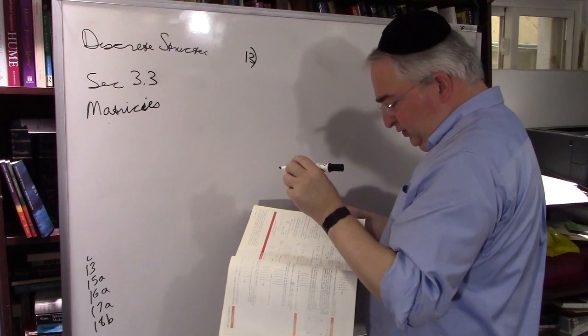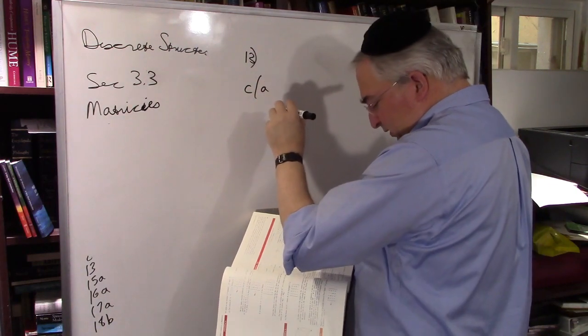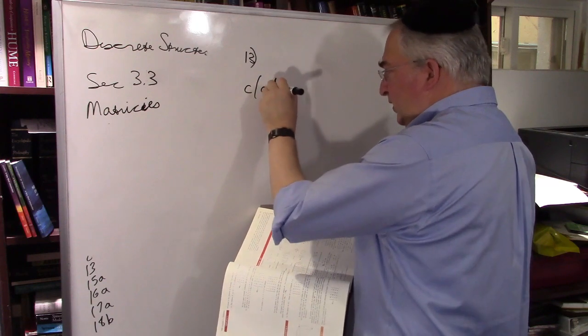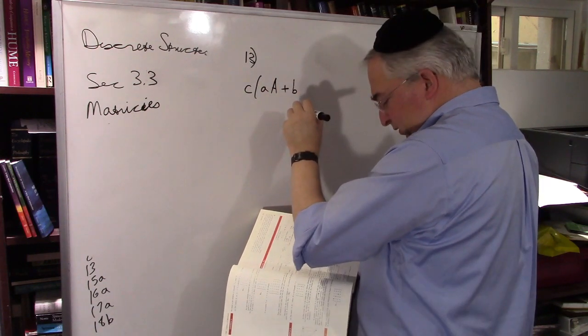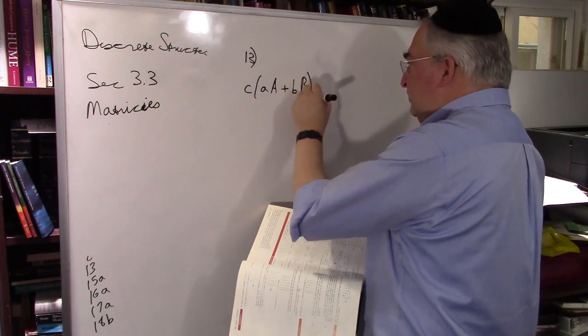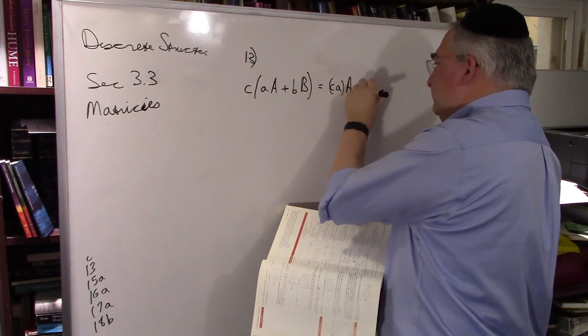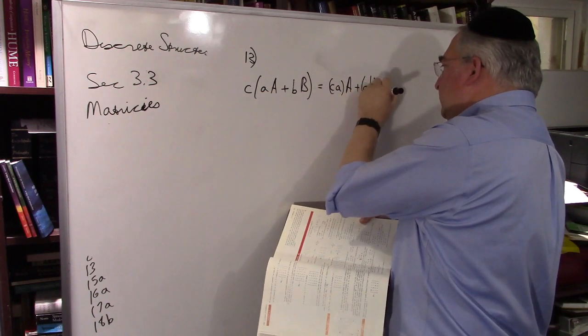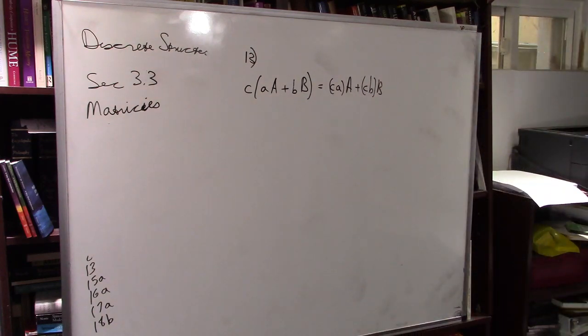They want us to show that C times A plus B times B is equal to CA times A plus CB times B.